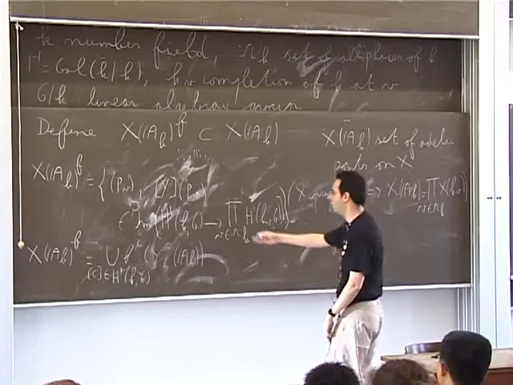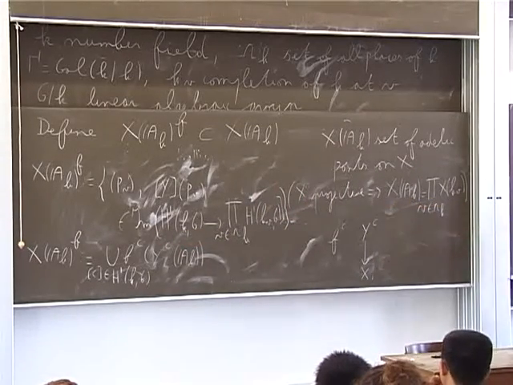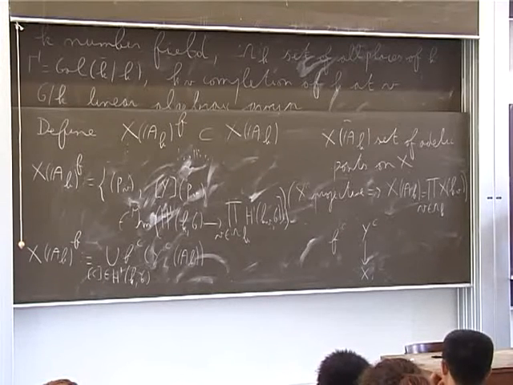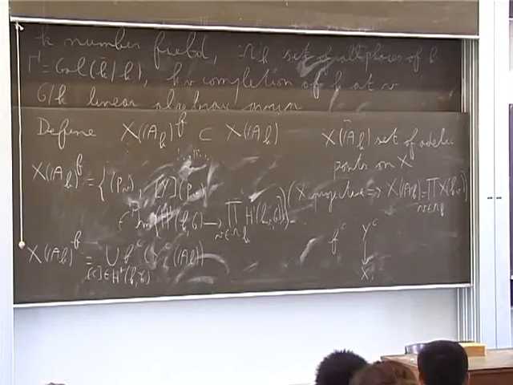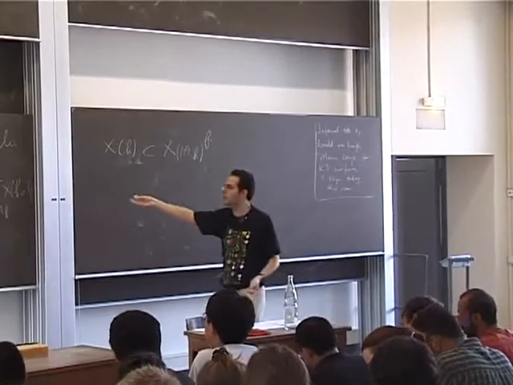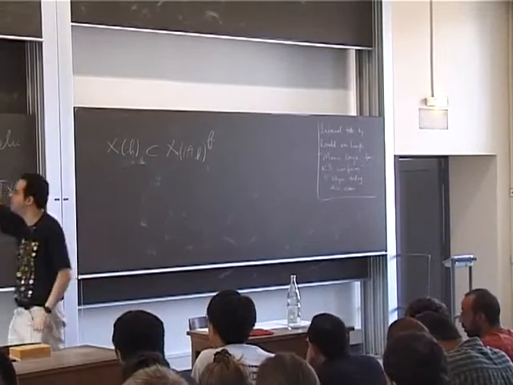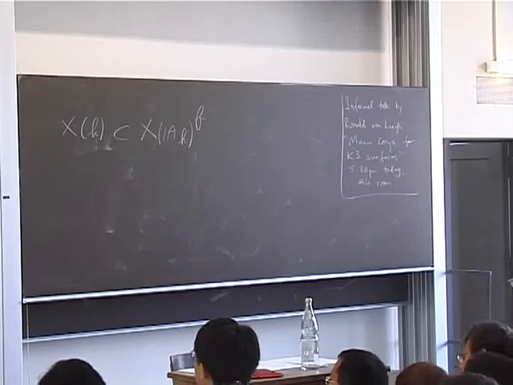So this is the so-called Selmer set, some equivalent of the Selmer group. And we had seen that the set of rational points X of K is a subset of this set X of AK to the power F. This is just a consequence of the functorial properties of non-abelian étale and Galois cohomology.